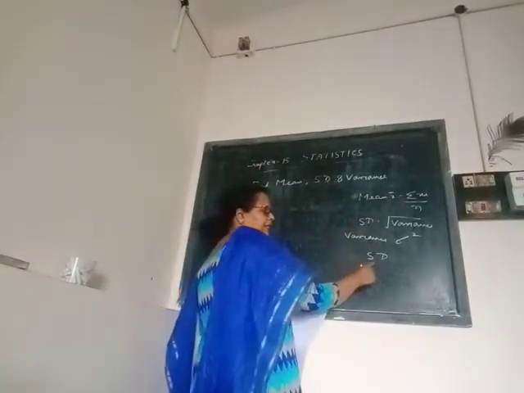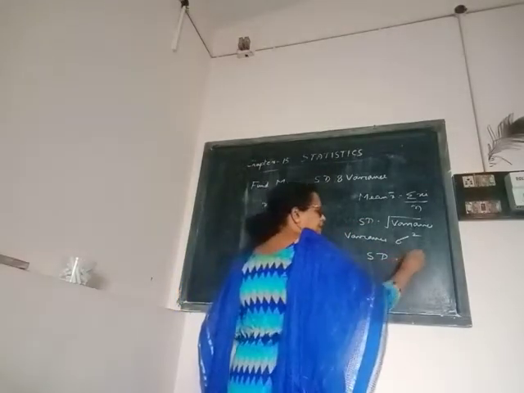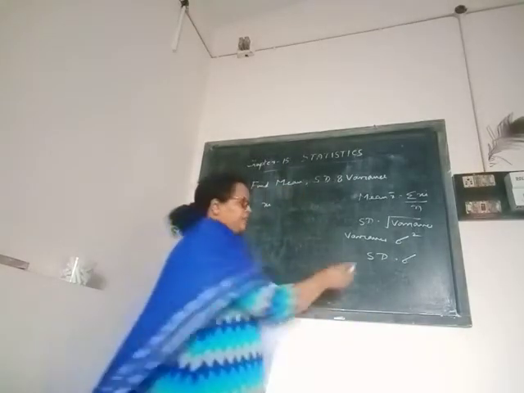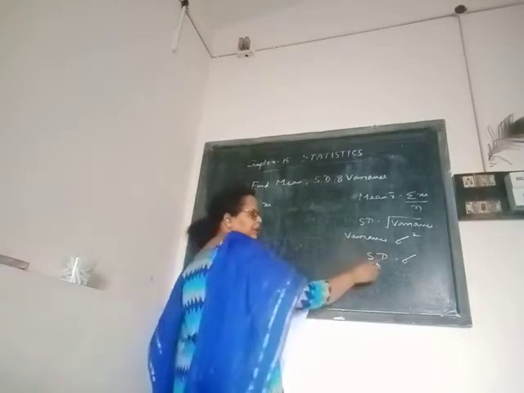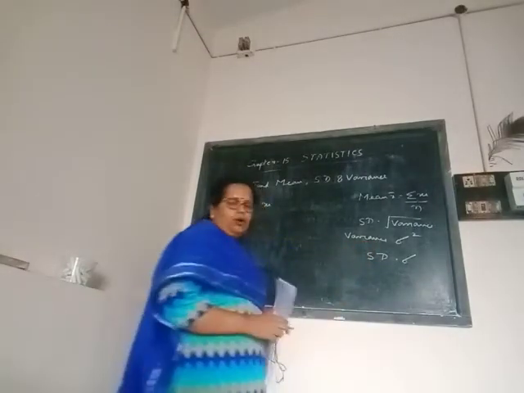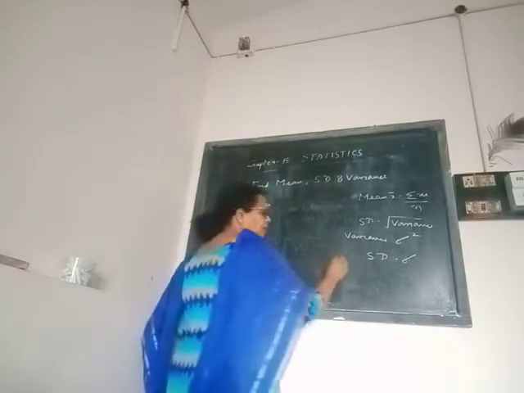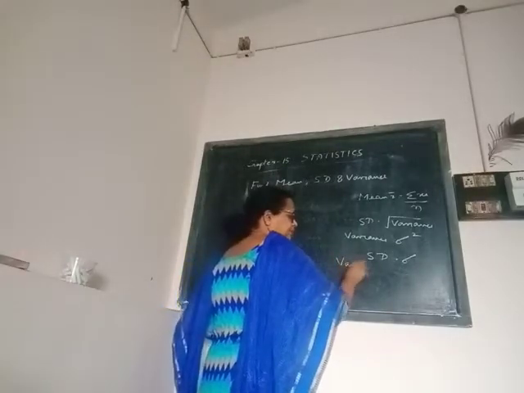Usually for standard deviation, the small letter sigma is used, and for variance, sigma squared is used. So it is clear what is standard deviation? Root of variance. And now how we can find variance?